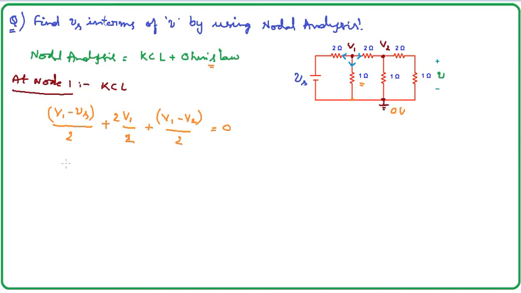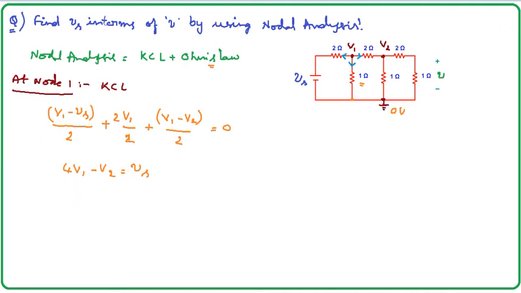Finally it will be 4V1 minus V2 equal to Vs. I want to send this Vs to the other side. So this is the concept; at node 1 we need to consider like this.